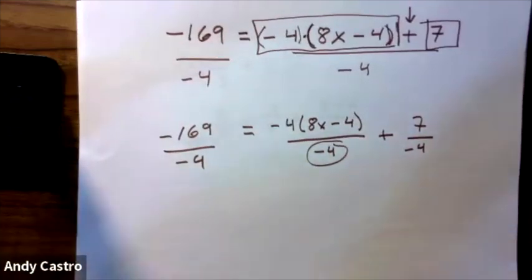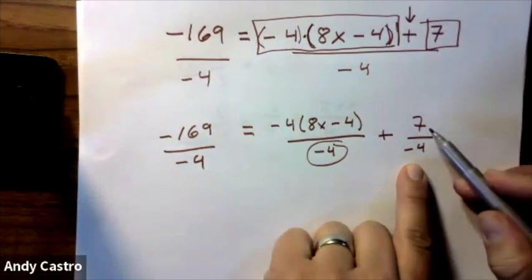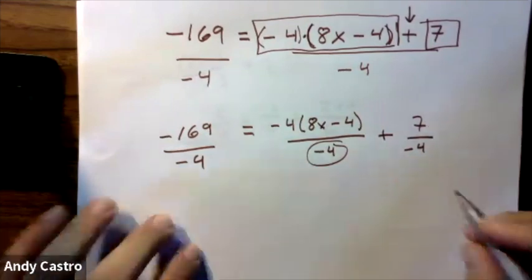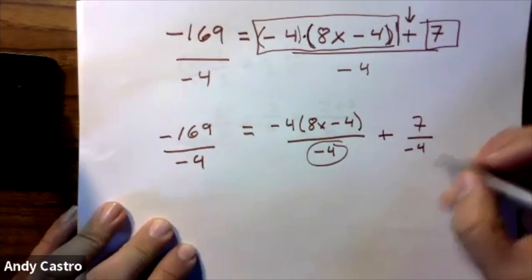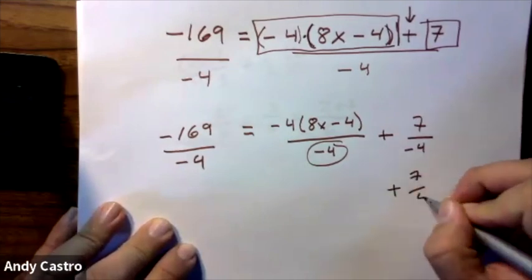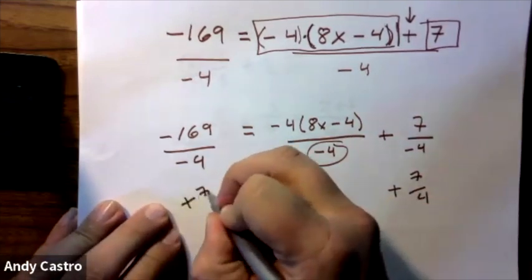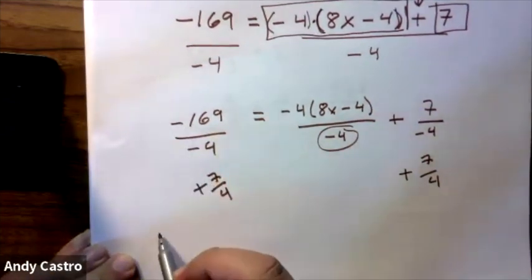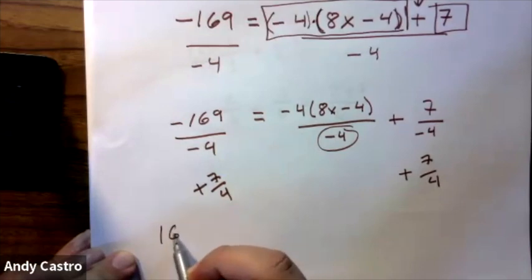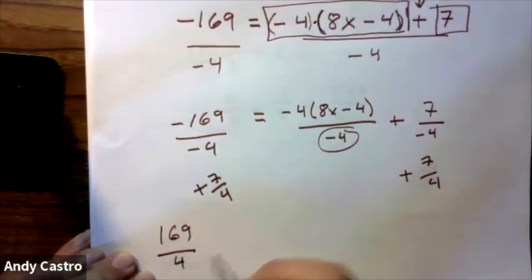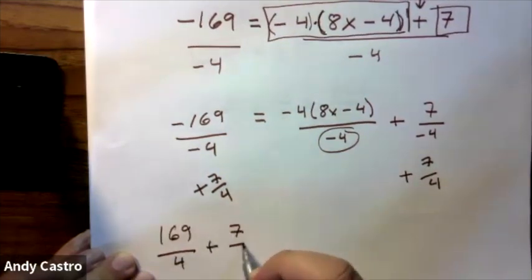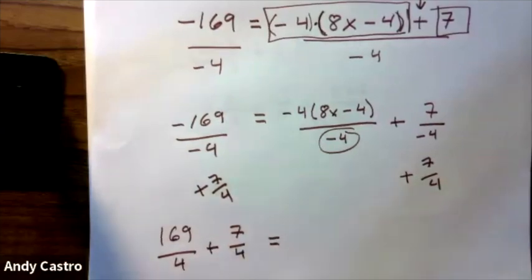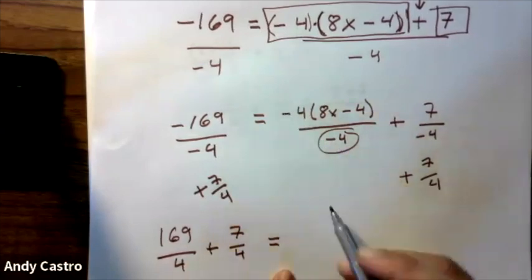And you can already see that, wow, this looks confusing now. Because now I'm going to add 7 over 4 to both sides. Okay, so then I'm left with this negative over negative is positive. So I have 169 over 4 plus 7 over 4 is equal to, the negative and the negative here cancel.